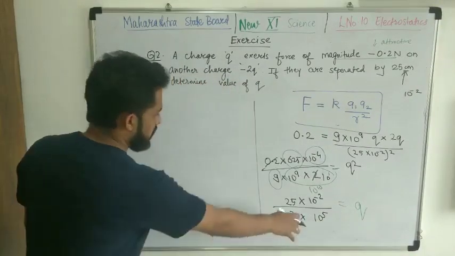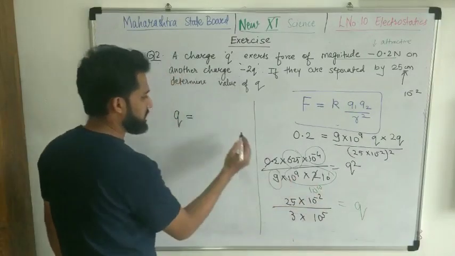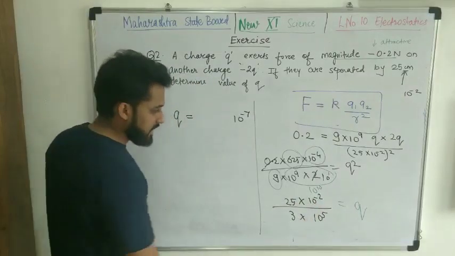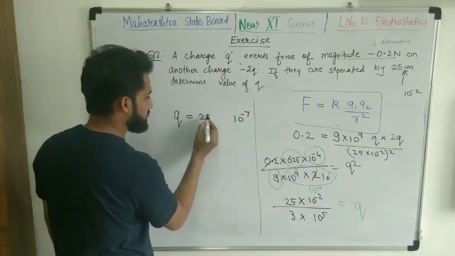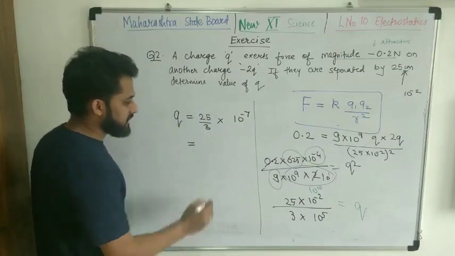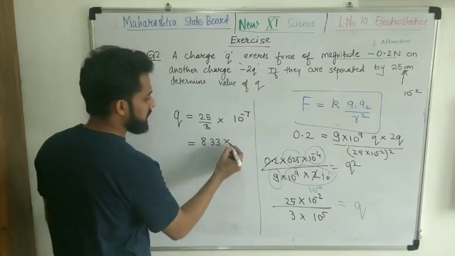And on final simplification, if I take all the powers in numerator, it will become 10 raised to minus 7, and 25 divided by 3 is left as the first term. So after dividing 25 by 3, you get the answer as 8.33 into 10 raised to minus 7 Coulomb.